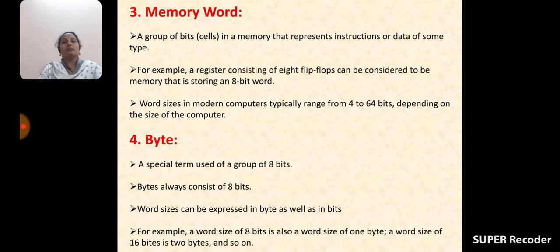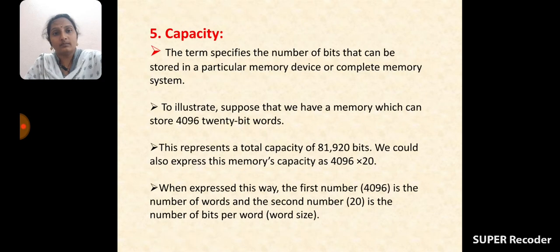Group of 8 bits is called byte. Okay, and here, how can we define the capacity of memory? See here, the capacity must be indicated in terms of bit words.